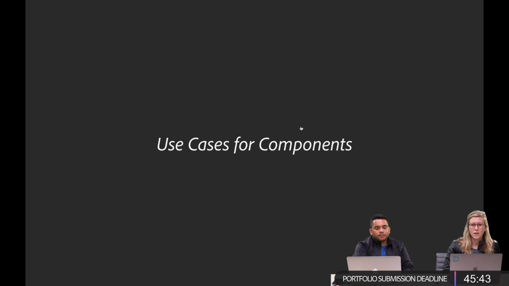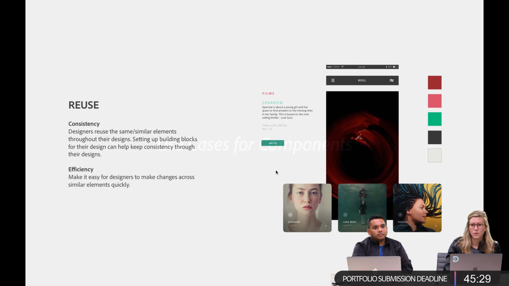The other thing is setting up what the use cases are that we're looking at, to help the people we're presenting to know what we're getting into. So here we're looking at some uses for components. This is kind of a redo from what symbols is, but essentially we are looking at how designers can reuse things across their designs.